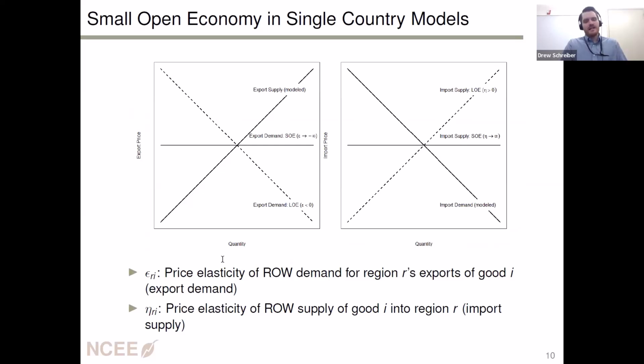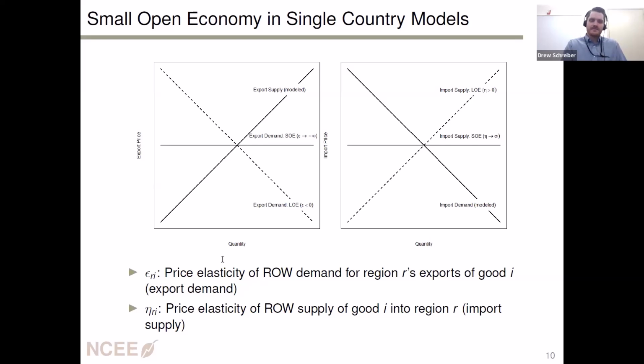The bolded lines are what would typically be included in a single country model that assumes a small open economy. And so we have some sort of export supply function that's modeled. A lot of times that'll look like some sort of constant elasticity of transformation function or something to govern how exports are supplied into the world market.